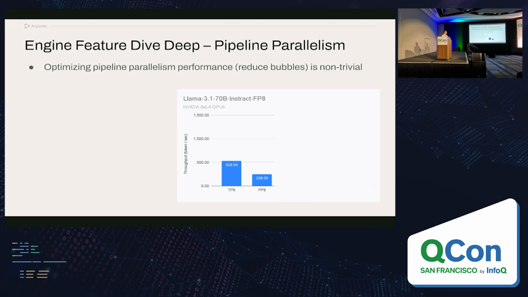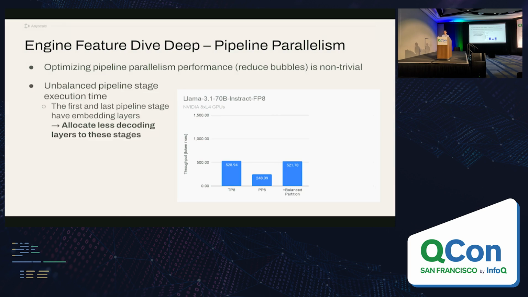We can see that although pipeline parallelism should give us better throughput, the throughput shown here is actually worse than tensor parallelism. This is because we don't really optimize the pipeline efficiency in this setting. Why?